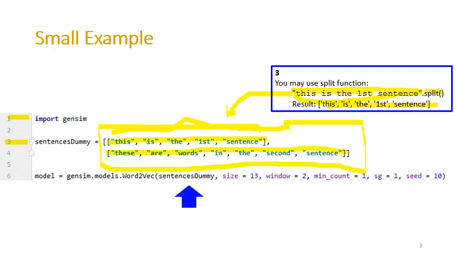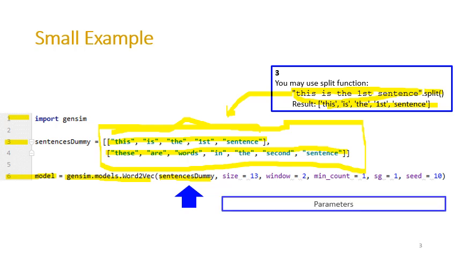Once you have that list of lists, you can put it into creating a word2vec model. On line 6, the model is created by the command gensim.models.word2vec, and I put the list of lists into this command. There are also some behaviors that you would like Gensim to consider, and those can be specified using parameters.